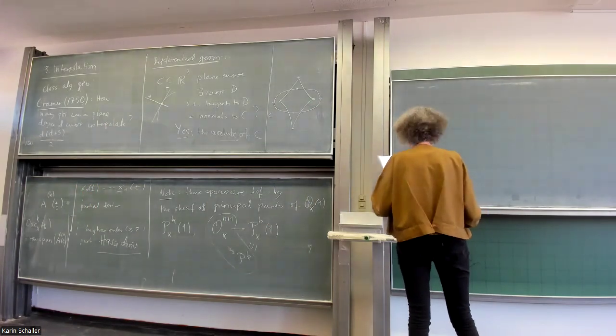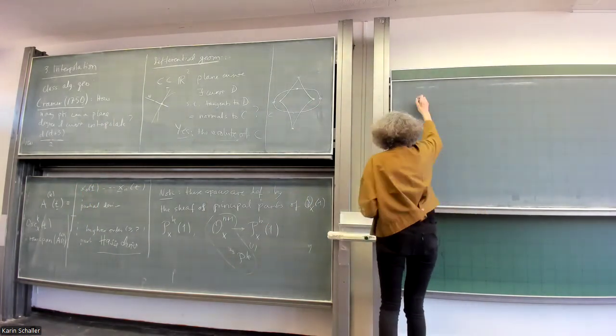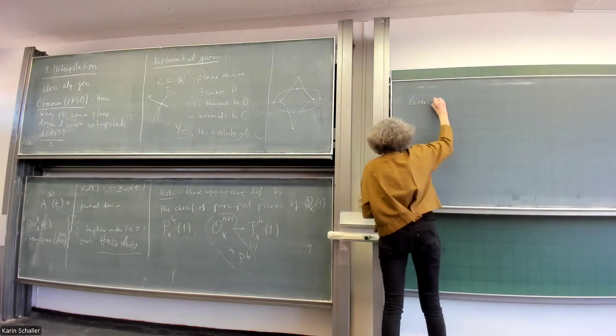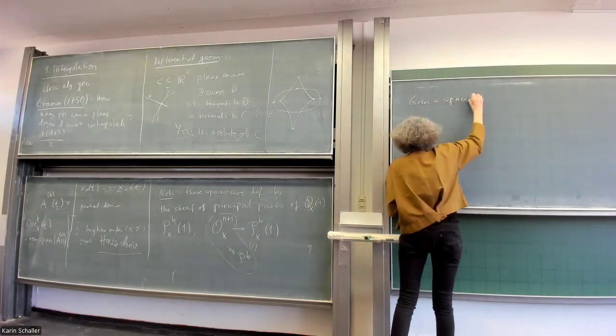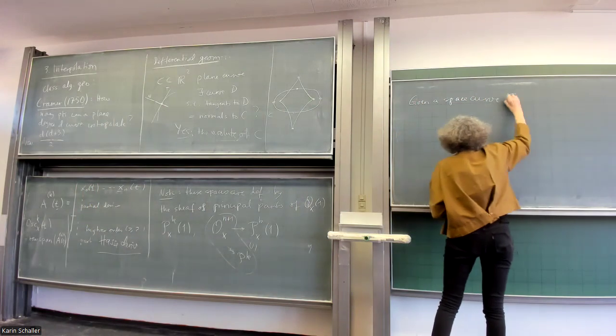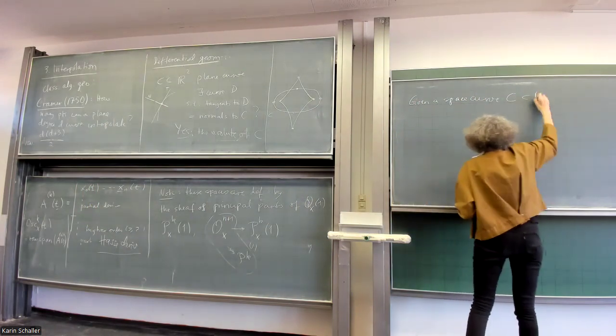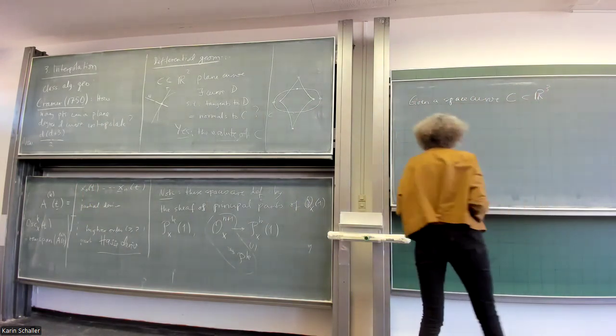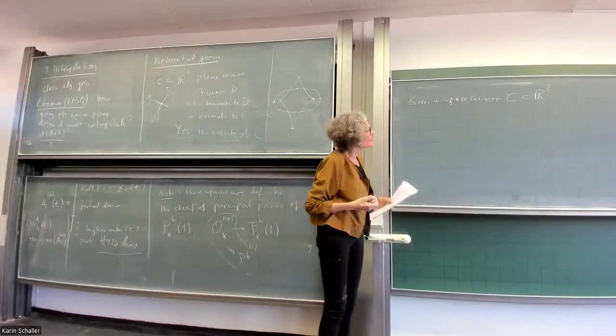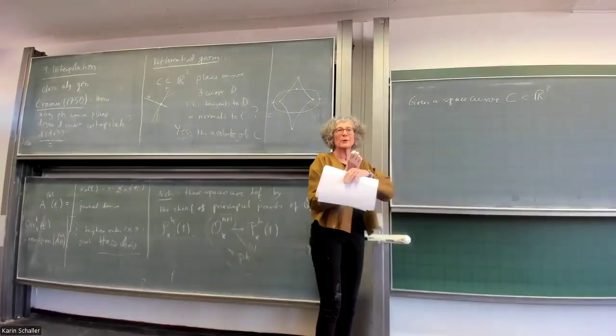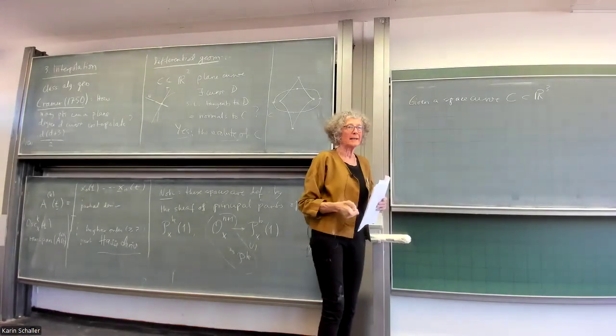But now, given a space curve C in R3, so again we're in Euclidean space, so that we have perpendicularity, we know what the normal plane is.